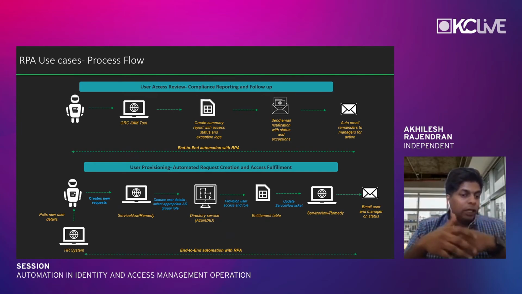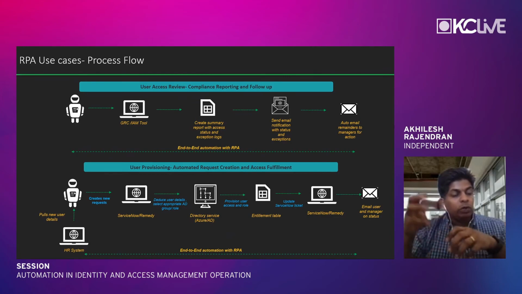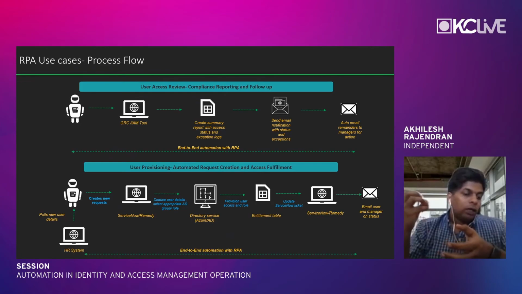Same thing with the ticket creation, where a bot can pull in the input details from the HR system, create new tickets in ServiceNow or Remedy, and deduce the appropriate Active Directory group or role.